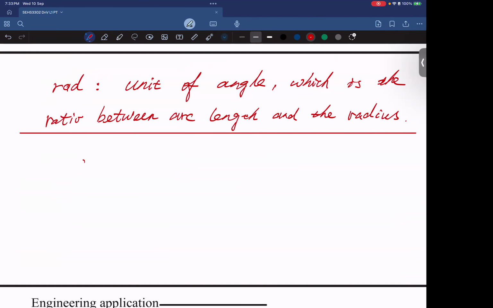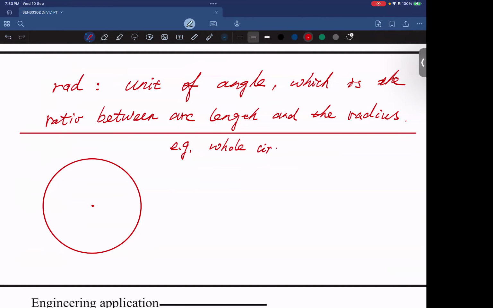For example, a whole circle. And what is the arc length of the whole circle? We know the radius here, we take it as r, a known quantity. For this whole circle, what is the arc length?